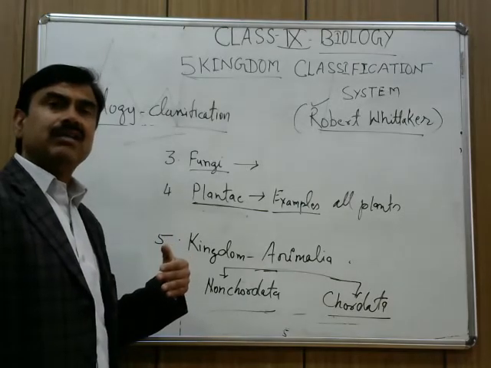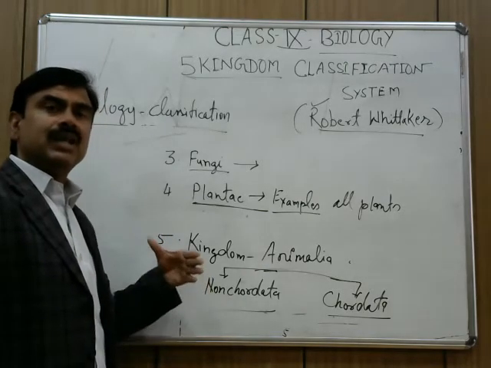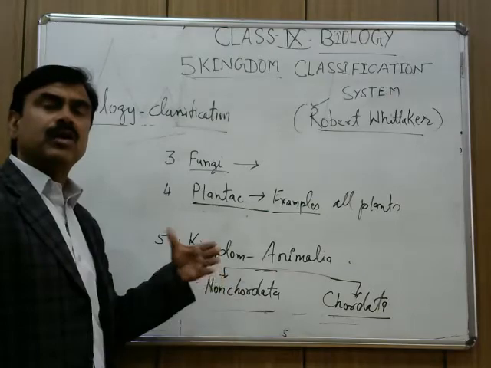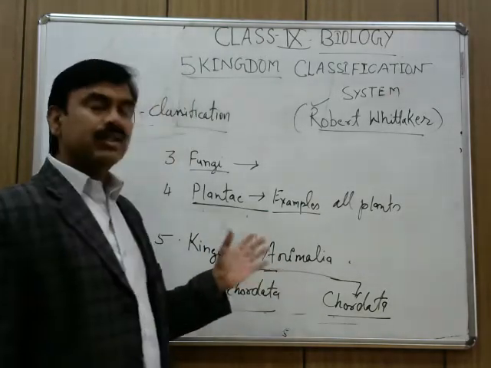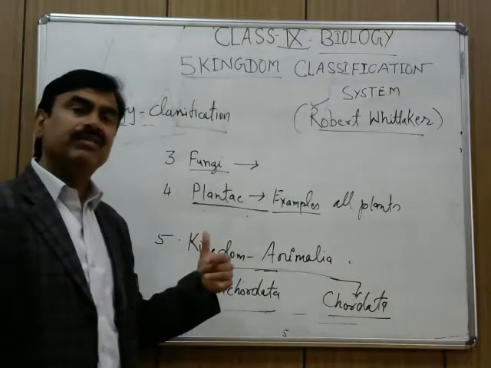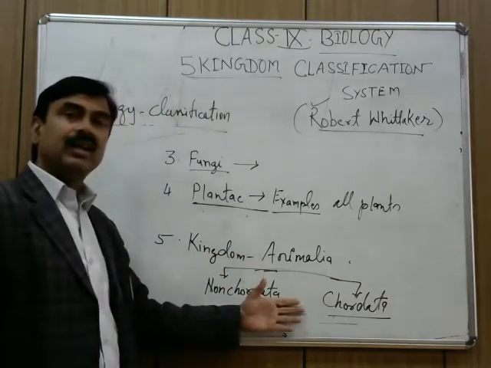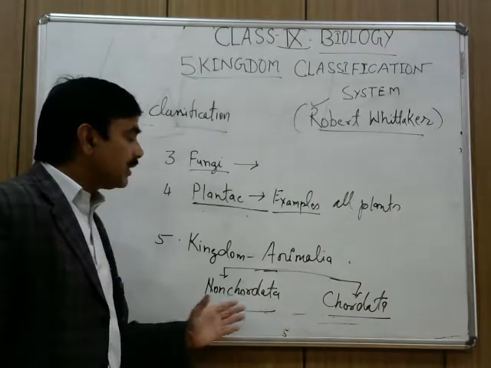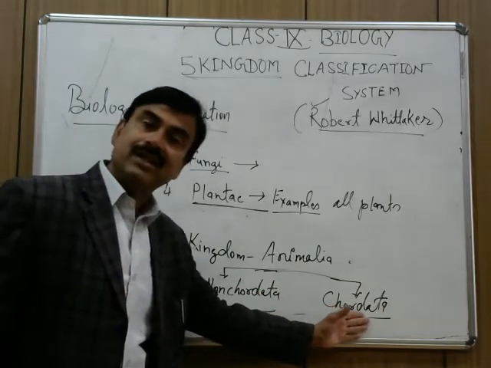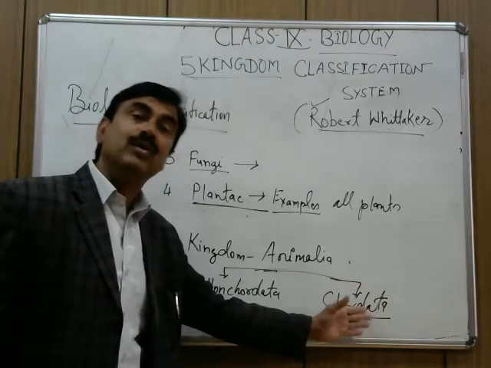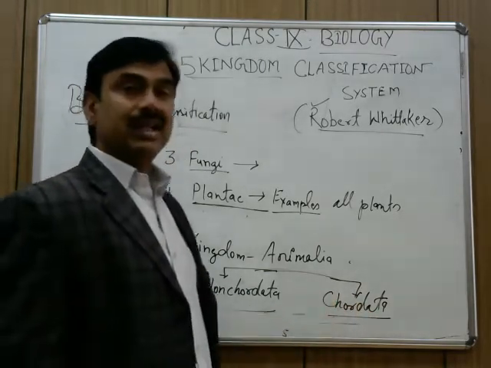Okay, Platyhelminthes, Annelida, Arthropoda, Mollusca, Echinodermata, Hemichordata, Urochordata. So there are many categories of animals grouped into two subtopics, non-chordates and chordates, where the well-developed bones are there in the chordate category.